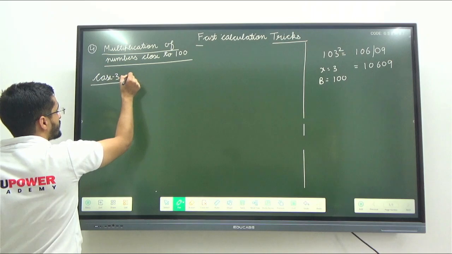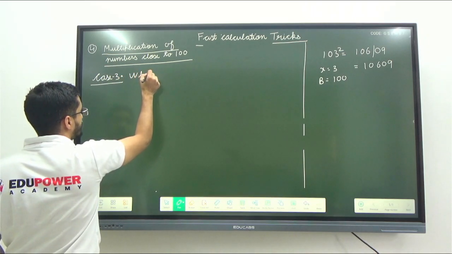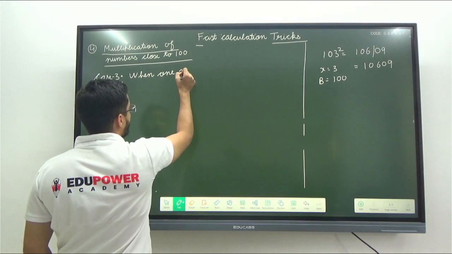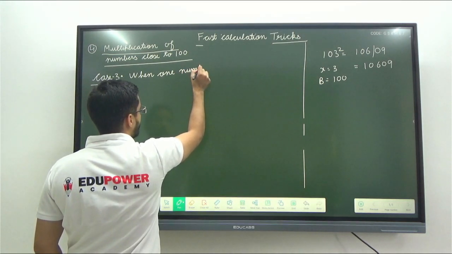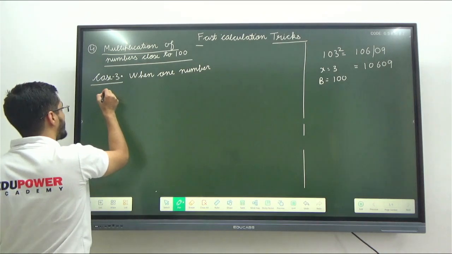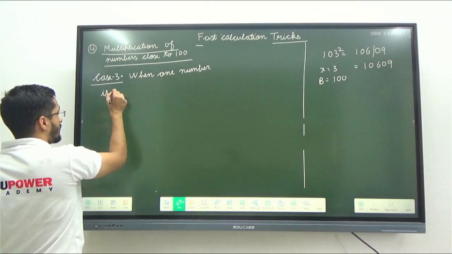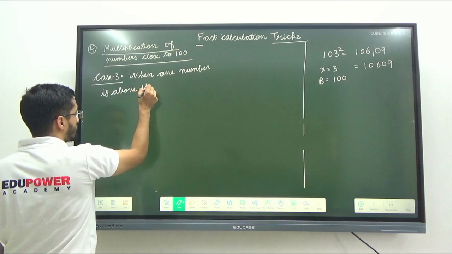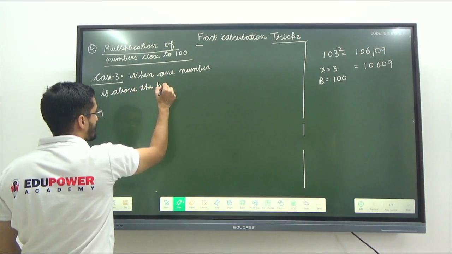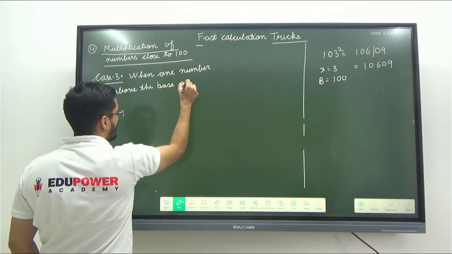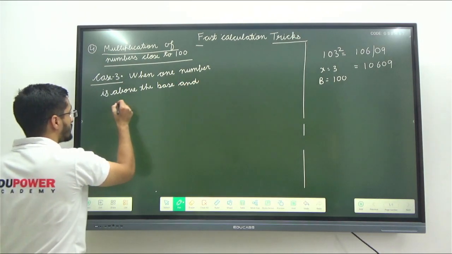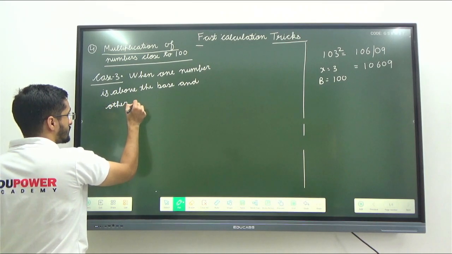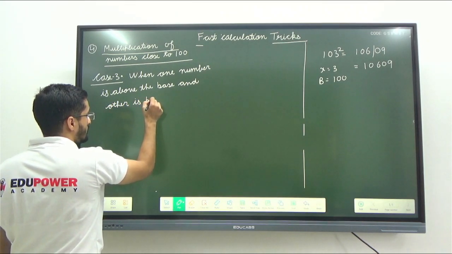Case 3 is when one number is above the base and the other is below the base.